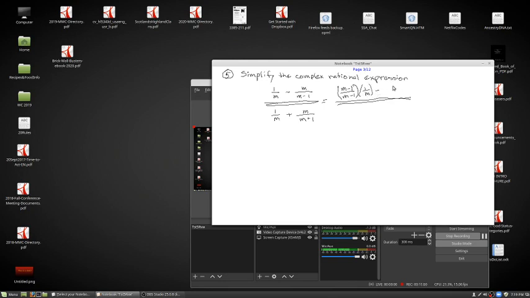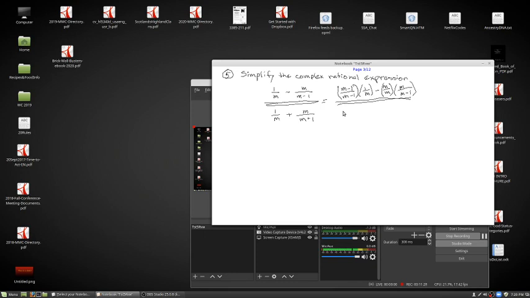That'll be minus m over m times m over m minus 1. And you're not going to do any canceling here because you have to change it to the same denominator.